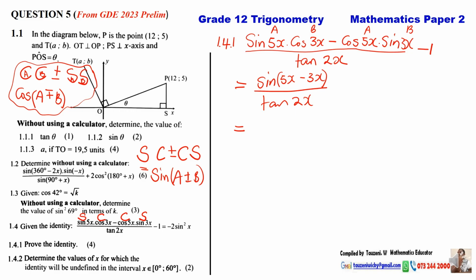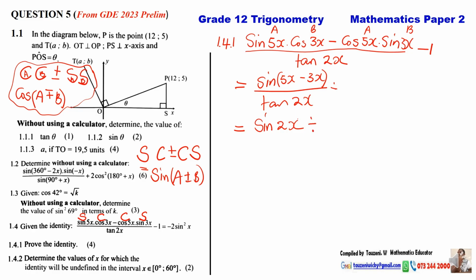In that case, I advise, it's not a requirement, but it may make our expression a bit simpler if we change the division line into a division sign. So the expression that says sine 5x minus 3x, that will give us sine 2x. This over, I'm going to change that one to divided by.